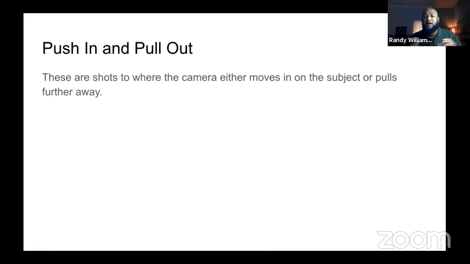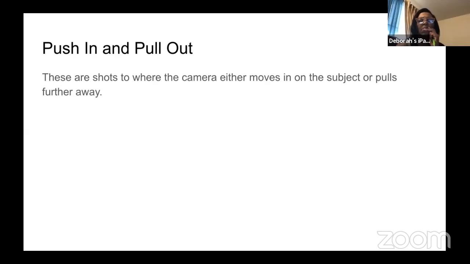And when you do a push in, the reason you want to use a push in is to emphasize the importance on a certain subject or character or whatever the case may be. And a pull out is to reveal something. Like say if I'm starting on a rose and I'm pulling out to reveal where the rose is in the scene.